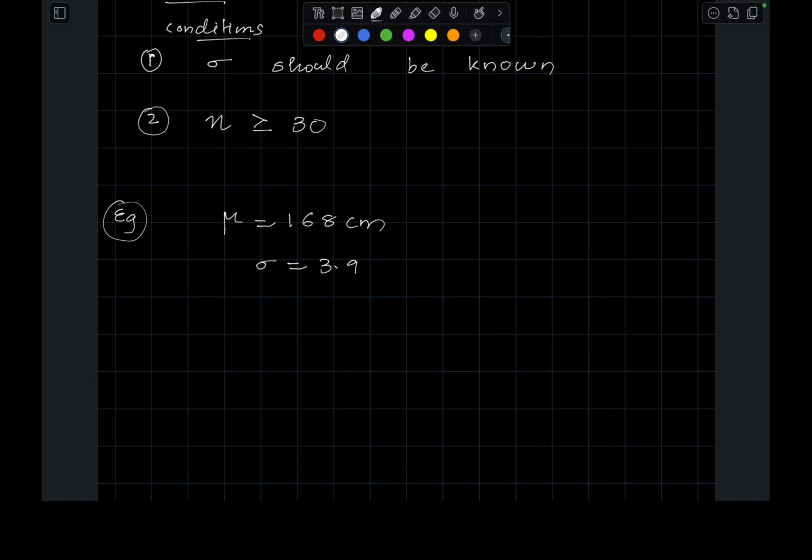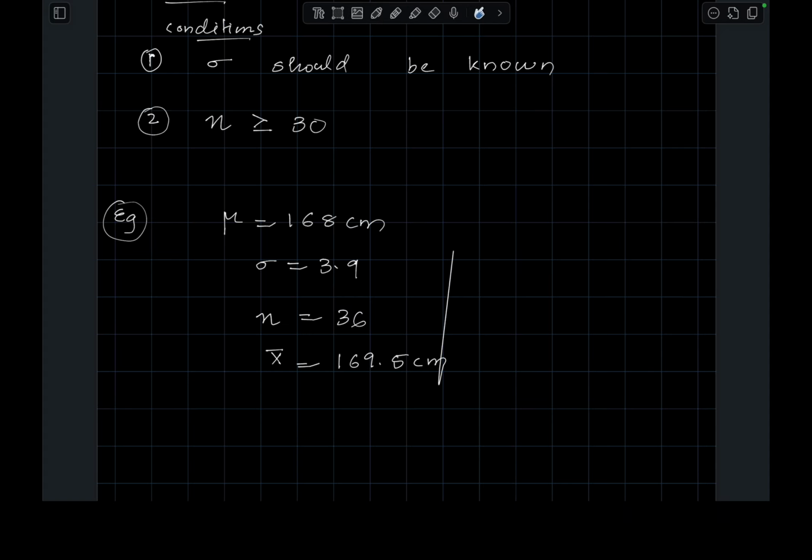A doctor believes the mean to be different. He measured the height of 36 individuals. So the doctor is conducting a test with a sample size of 36 and found the average height to be 169.5 centimeters.